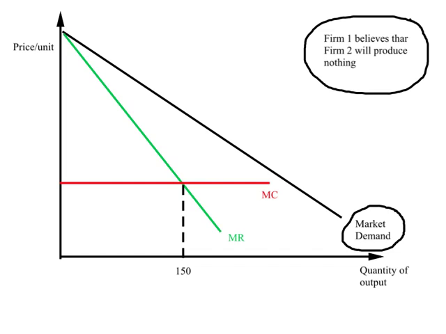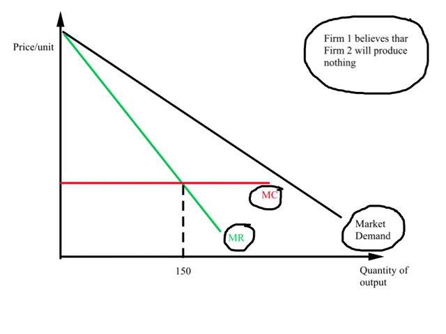Now the market demand curve, or the average revenue curve, is downward sloping. Based on this, we know the MR curve will lie below the average revenue curve. So this green line represents the marginal revenue curve. And let us assume for simplicity that the marginal cost curve is horizontal.